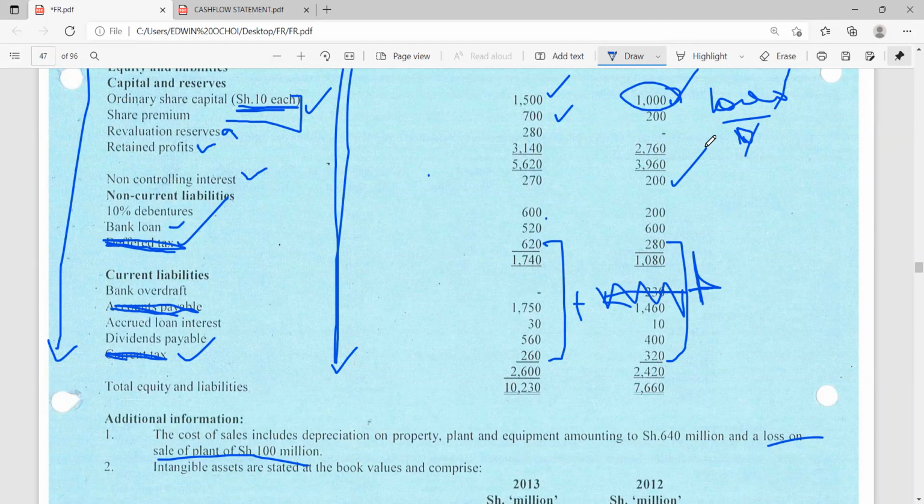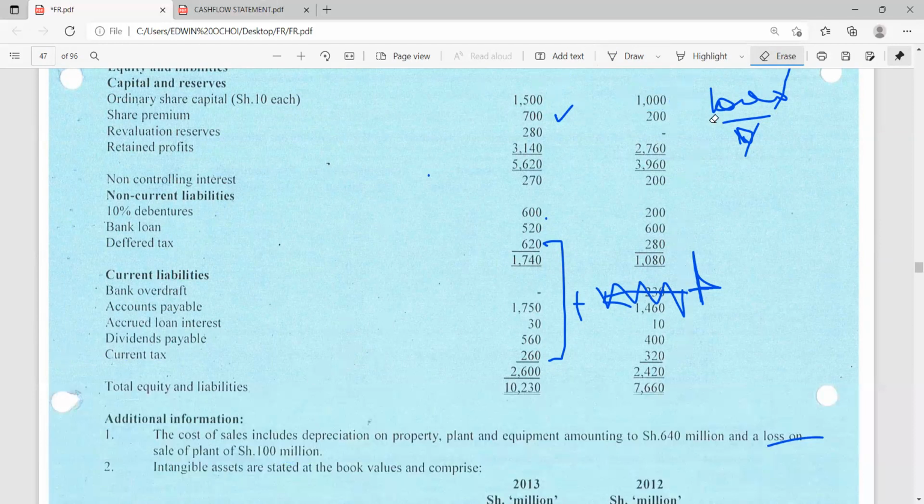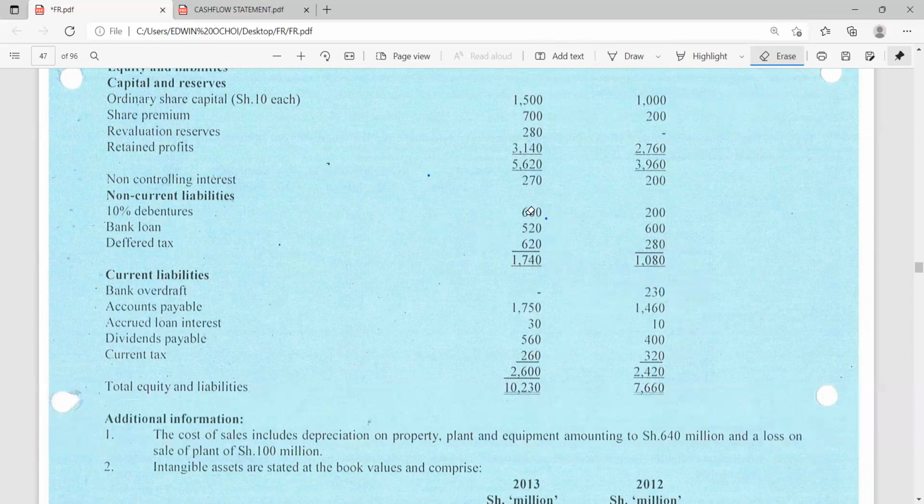But now there's something I'm seeing here which I could have adjusted. Sorry for that. Before I go to the NCI, there's a change I am supposed to make. Because under the retained earnings, I can realize there are other additional items to be adjusted. So let me make that correction.